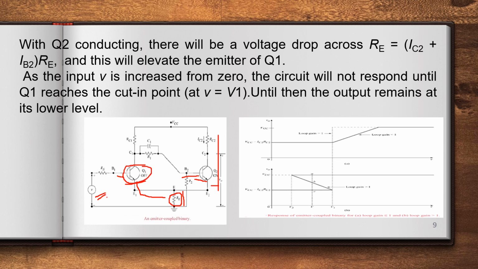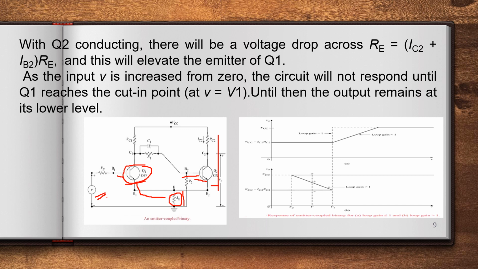This applied voltage should be greater than the VBE cut-in point. Here the cut-in point VBE means VB minus VE. VB is equivalent to V gamma, 0.7 volts, and VE is equivalent to the drop across RE. So the emitter is at this potential, the drop across RE.